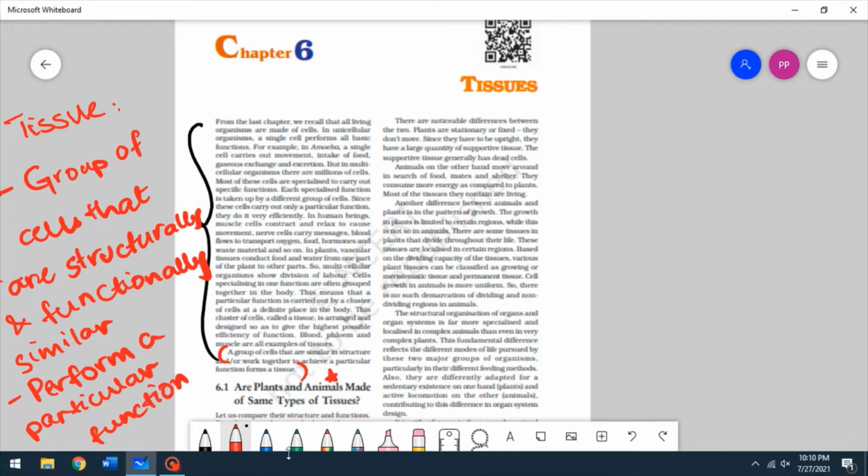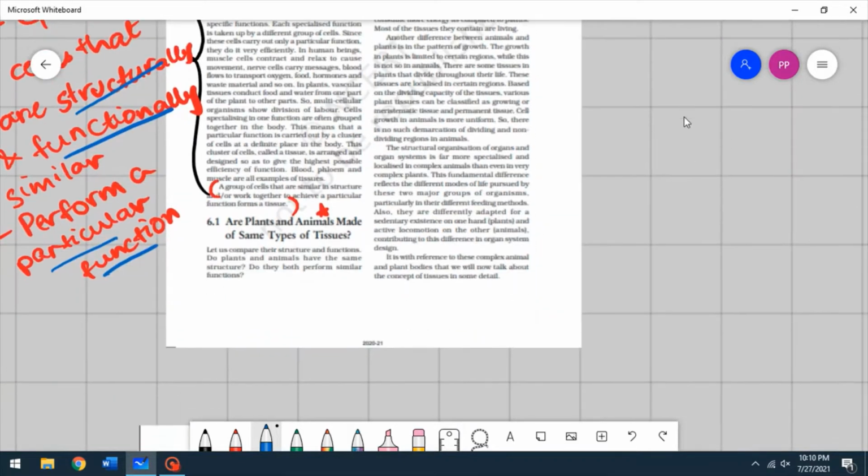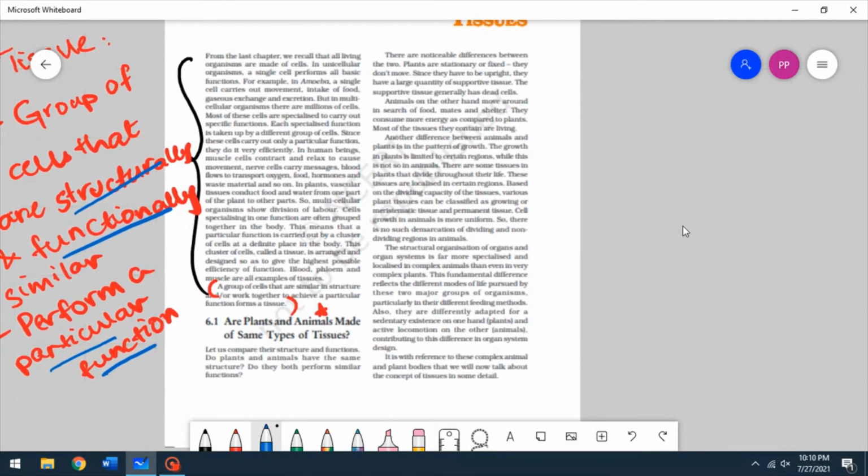First thing is that they are structurally and functionally similar. The second thing is that they perform a particular function together. Those are the two important clauses in this definition, and those are the terms that will earn you points. Alright, so let's compare the structure and functions of tissues.